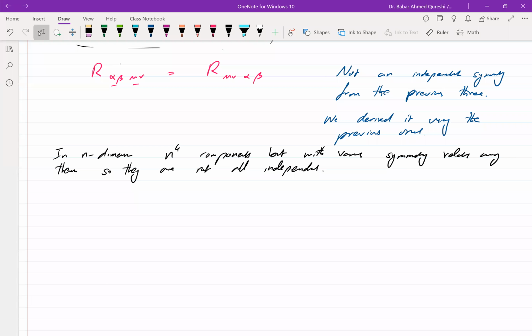Instead, let's try to count how many we have. So if I start with alpha, beta, mu, nu, I know that combinedly these guys, they are antisymmetric.